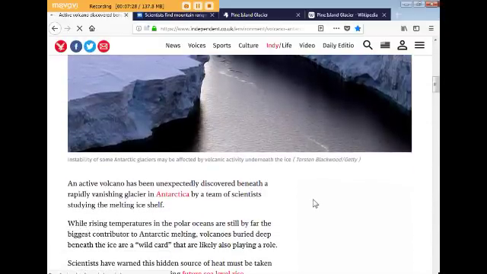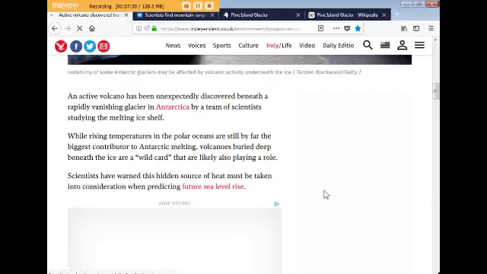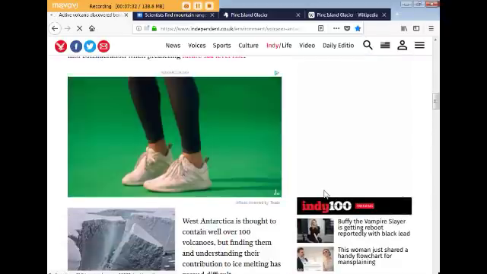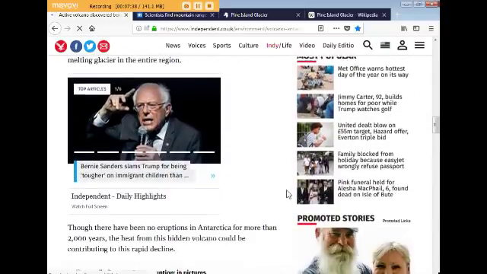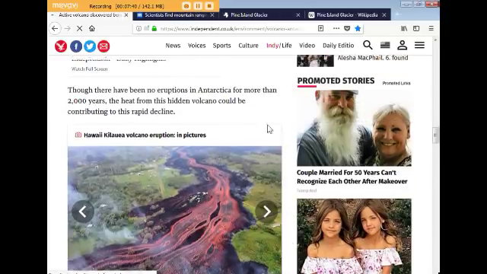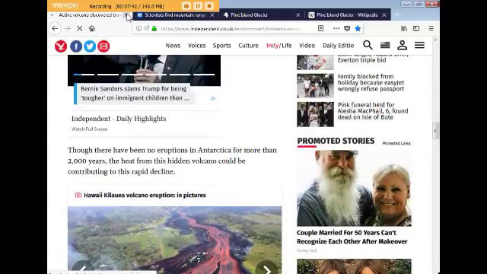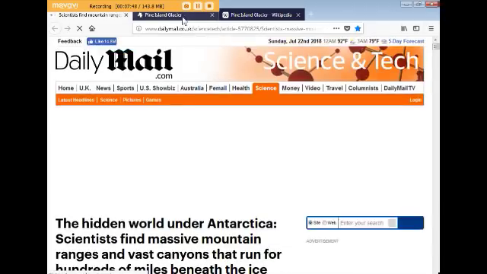And they're referring to the volcano underneath the Pine Island Glacier. They found it in 2014. So there's that article. Now, here's something. I'll show you that in a minute.